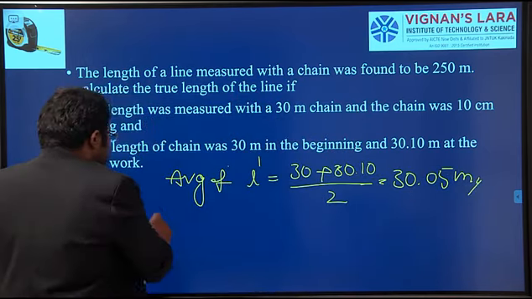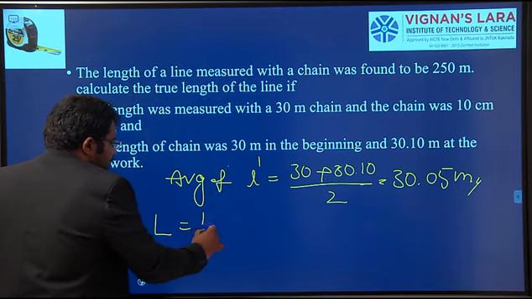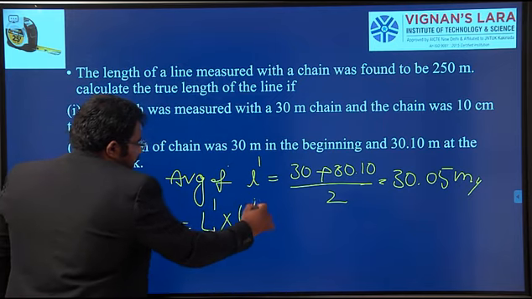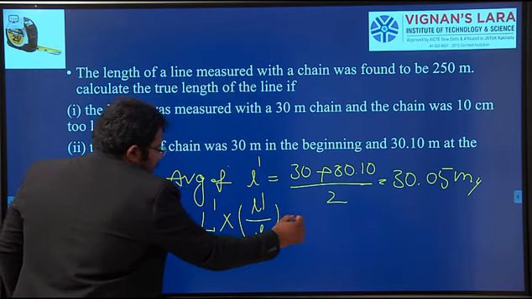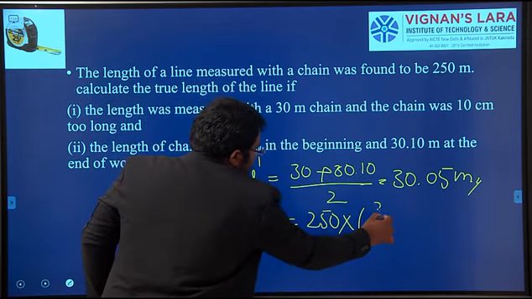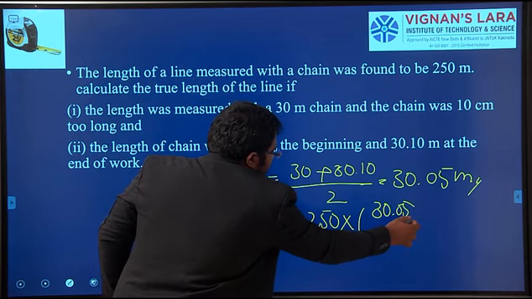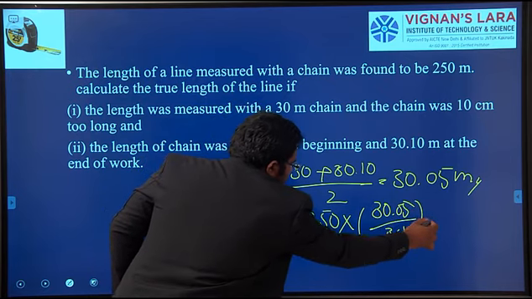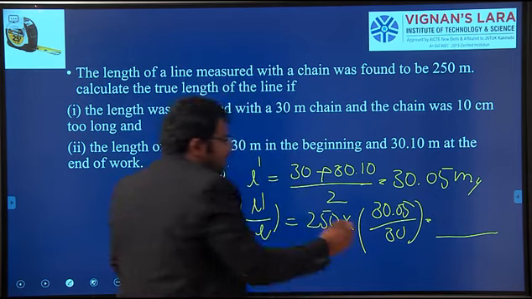Now I substitute in the same formula: L is equal to L dash into L dash by L, that is 250 into 30.05 divided by 30. I will get the final answer.